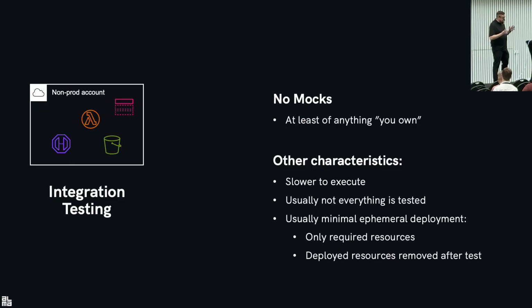So they are definitely slower to execute, and usually you don't test everything possible there. You can, but that can make the tests really slow. So it's a balance you need to find. Other thing you should consider, and I've seen people doing it the other way as well, is deploying those integration testing resources into ephemeral environments, which I will talk more about soon.